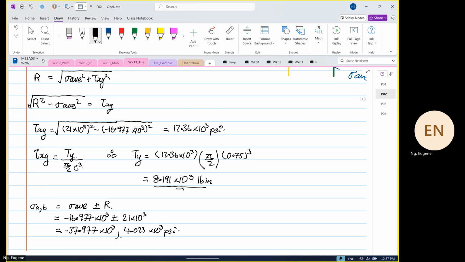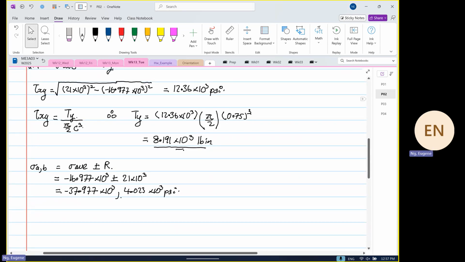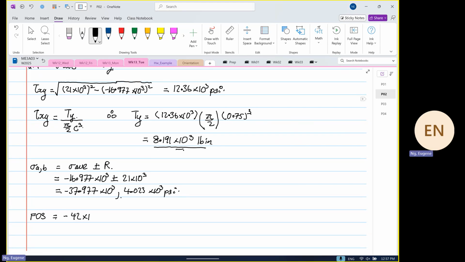So from here, we can determine the factor of safety again. This will be equal to minus 42 times 10 to the power 3 divided by minus 37.977 times 10 to the power 3.